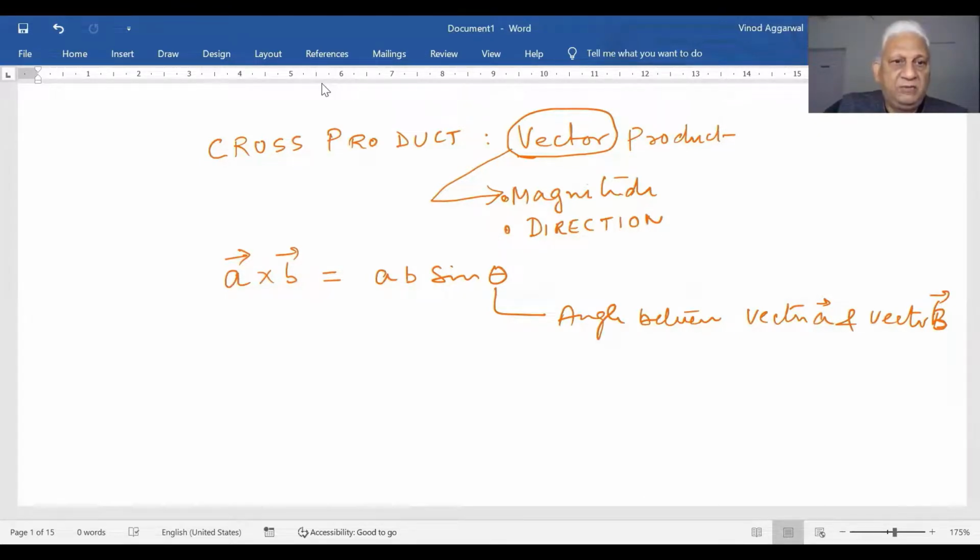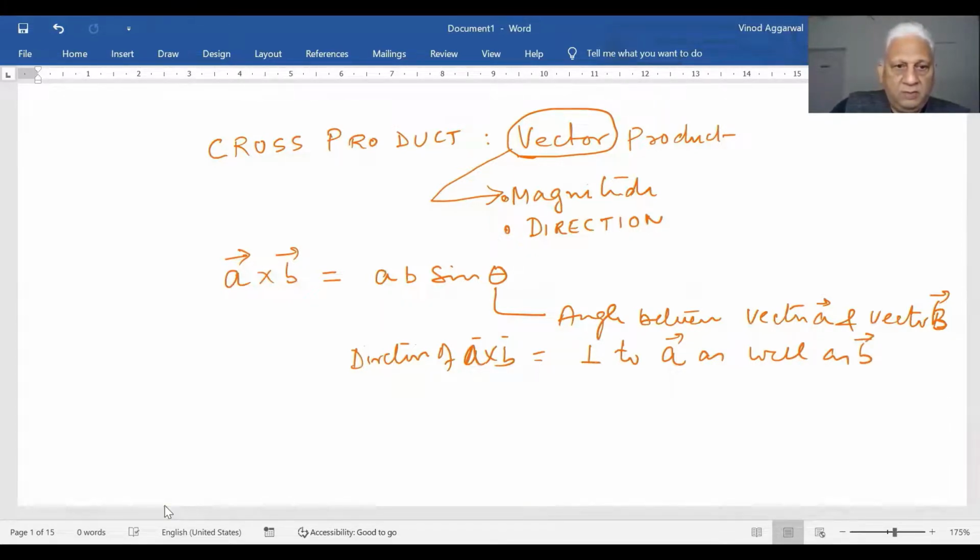Now, what is the direction of A cross B? The direction of A cross B is perpendicular to A as well as B. If I show you, it will be something like this.